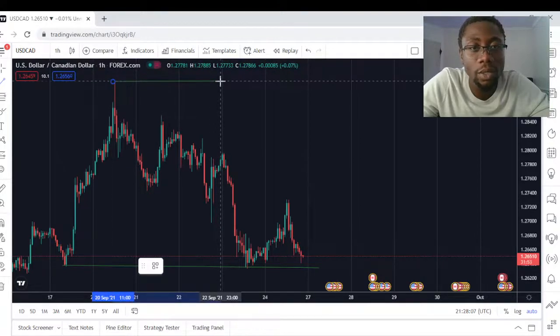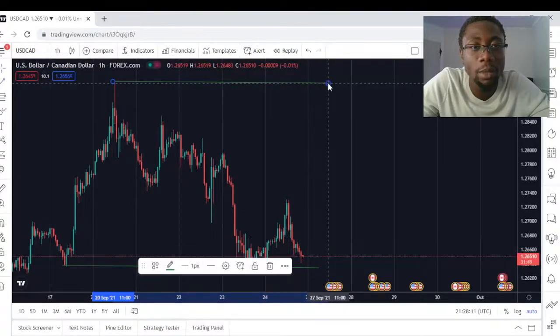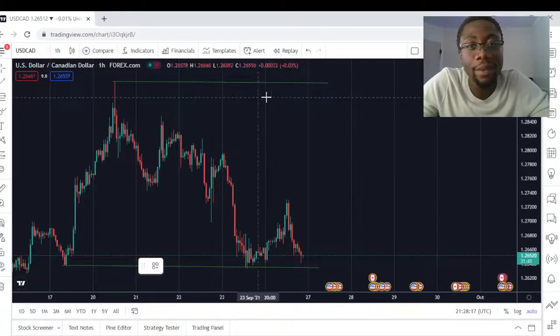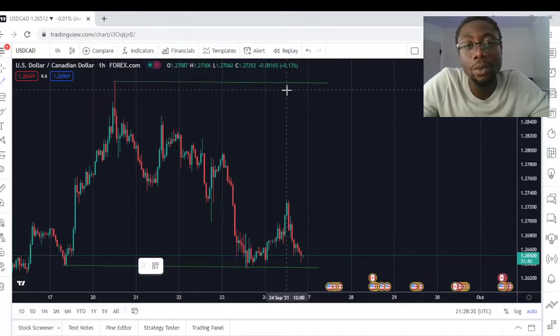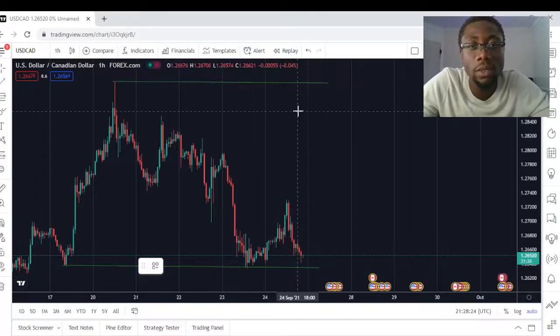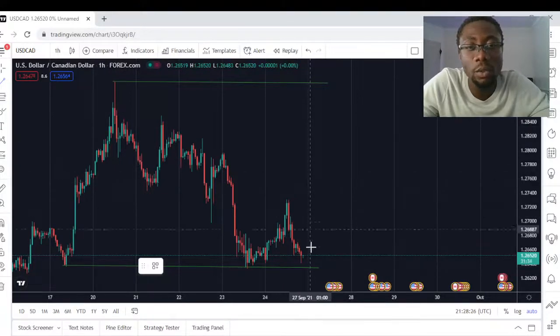Now, these are two extremes, and they're definitely many pips apart from one another. So at any rate, I'm not going to put as much emphasis on price's reaction off this level, as there should be many other levels within this area as benchmarks to be seeking price reaction before just assuming that price has to go here.